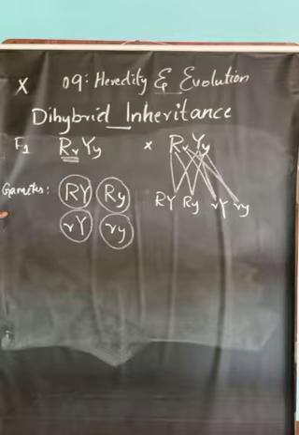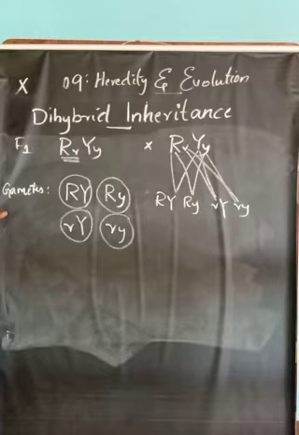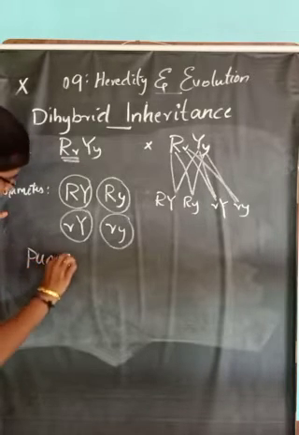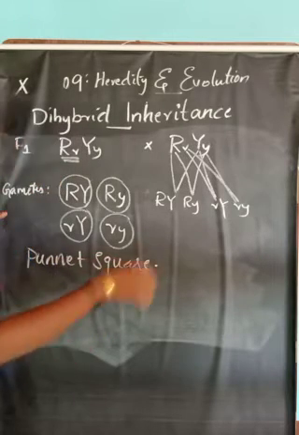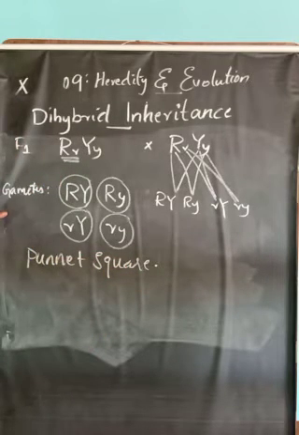So we obtain gametes. Now what do we want to do? In our last class we discussed a new method of representation, that is called the Punnett square. Here the checker method is more difficult to represent, so we will use the Punnett square.